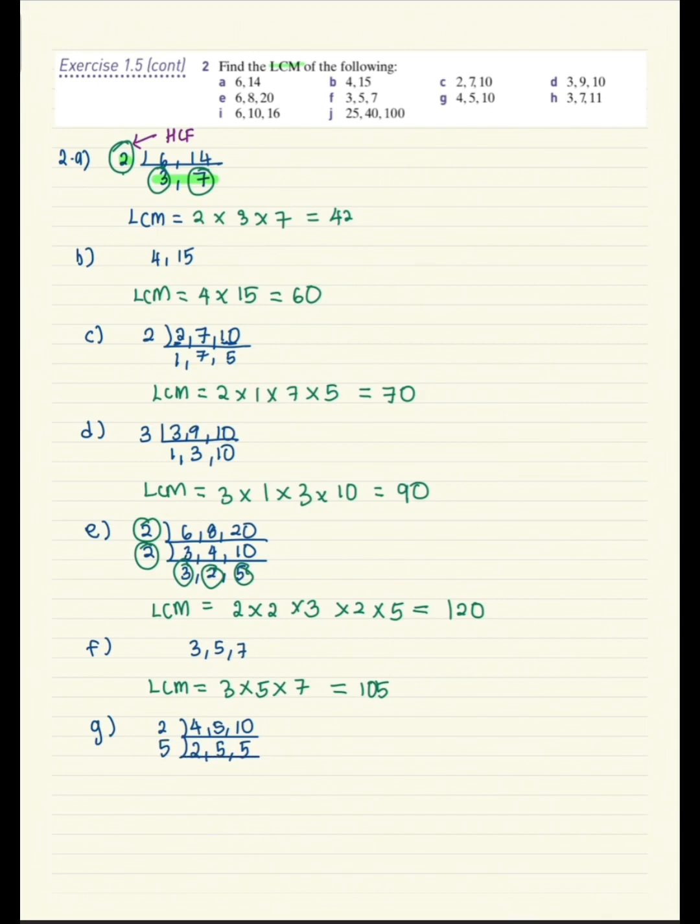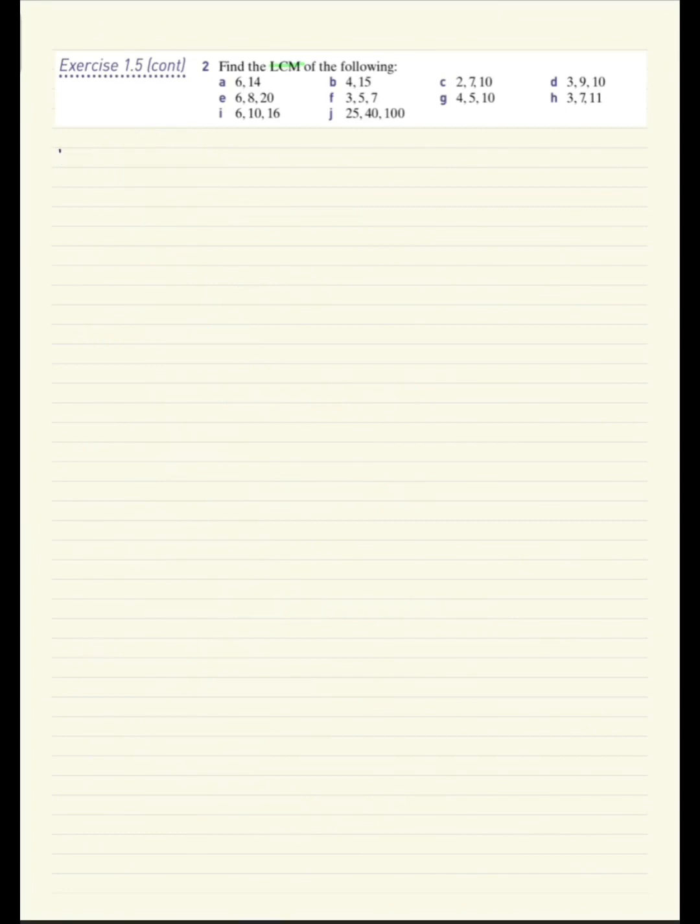As you can see, there are 2 5s, and once divided by 5 you will get 1. Therefore, your lowest common multiple is 2 multiplied by 5 multiplied by 2 multiplied by 1 multiplied by 1, which is equivalent to 20.